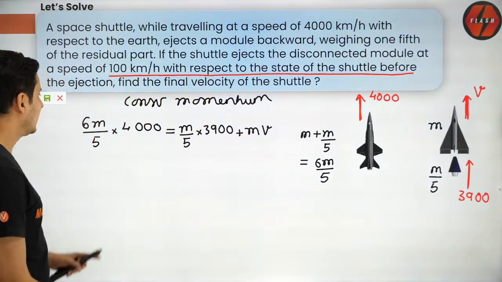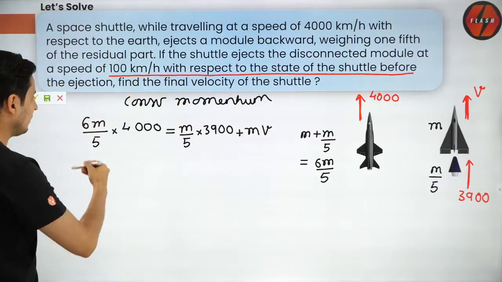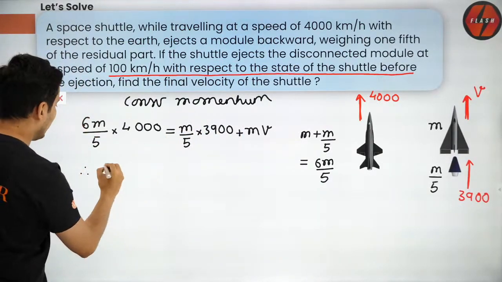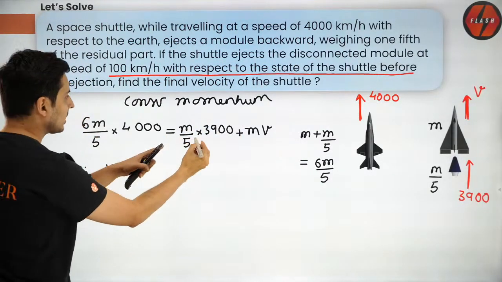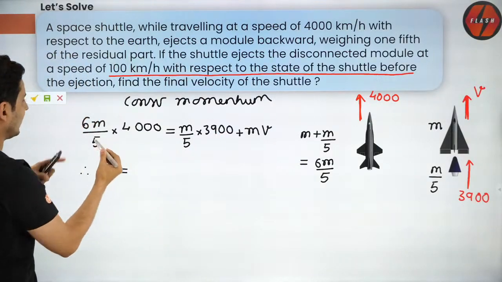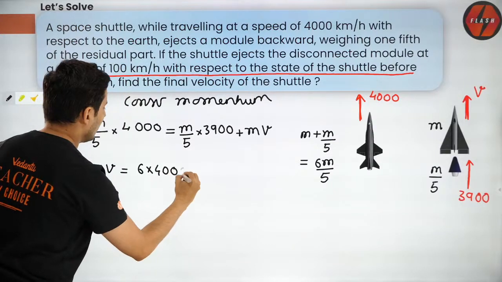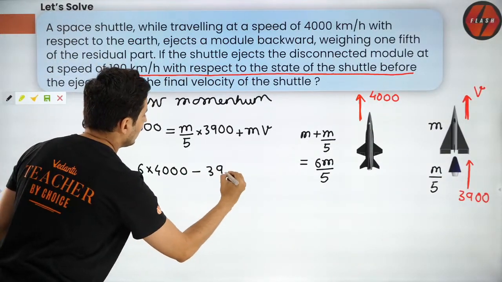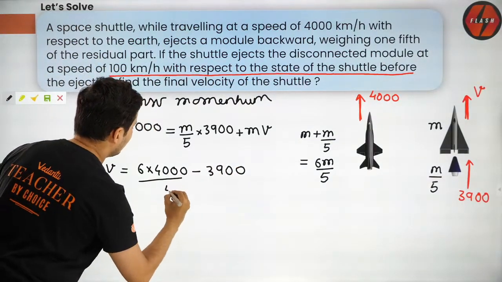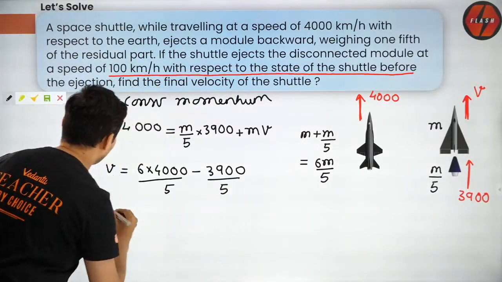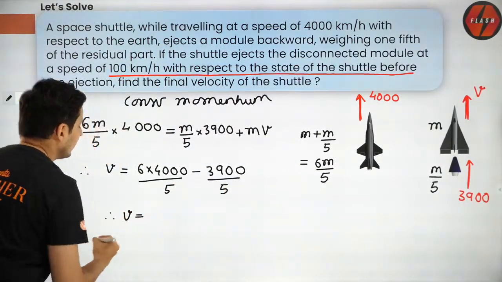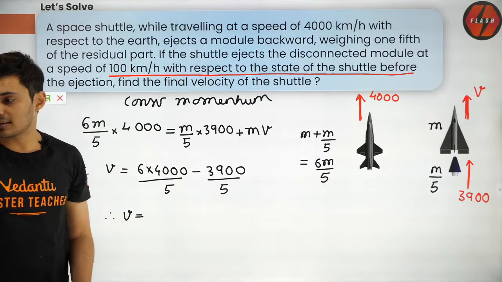That is what it will be. m will get cancelled from everywhere. So therefore, I'll get v is equal to, now take this on this side. So you will get 6 multiplied by 4000 minus 3900, this divided by 5 and this divided by 5. Now try and calculate and let me know what the answer is, guys.